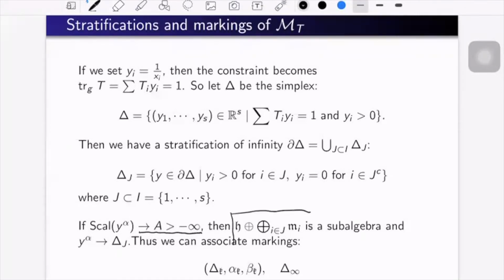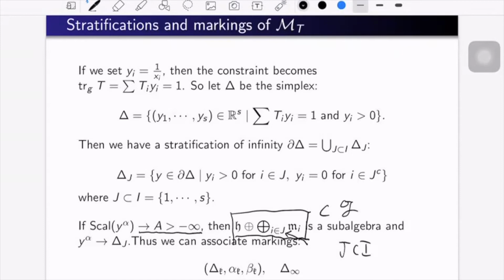So then I look at the direct sum of my subalgebra over J, and those summands, so there exists a set J inside I, such that this direct sum becomes a subalgebra inside G. So I recognize subalgebras by looking at directions at infinity which don't go to minus infinity, which go to some kind of finite value.